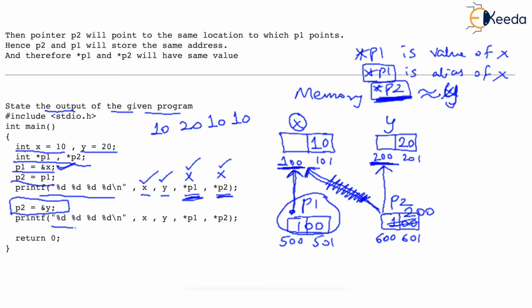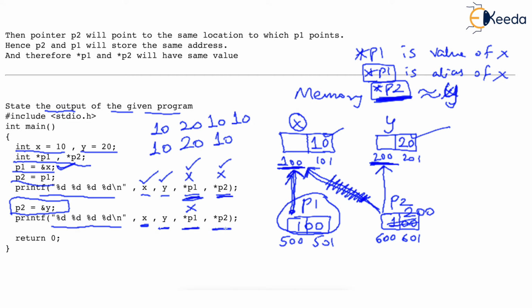So what will be the output due to next line? We are printing x, that will be 10. We are printing y, that will be 20. Note the diagram, y is 20, correct? x is 10. And then we are printing *P1. Be careful, *P1 means value to which P1 points, and that is x. So 10 will be printed.